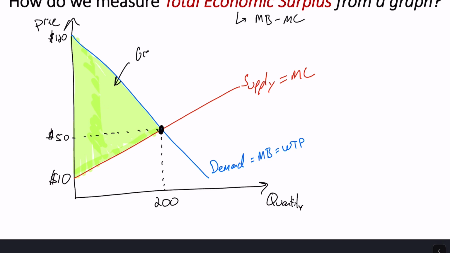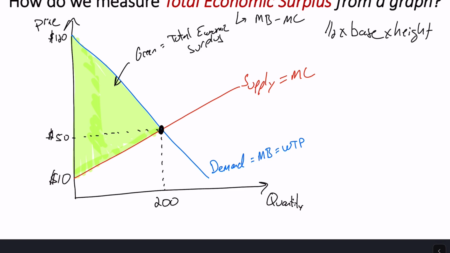So green equals total economic surplus. All right. So let's calculate this out real quick, the area of that triangle. And so we have a triangle, so we know it's 1/2 times base times height for the area of a triangle. Our base here will be from 0 to 200.